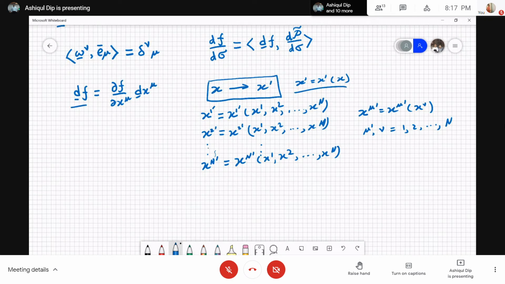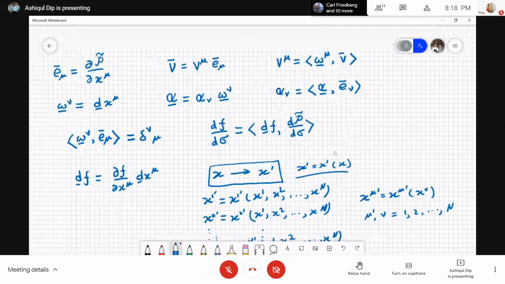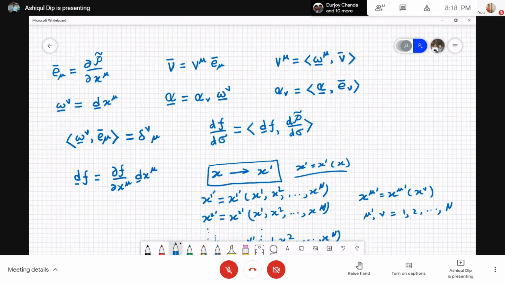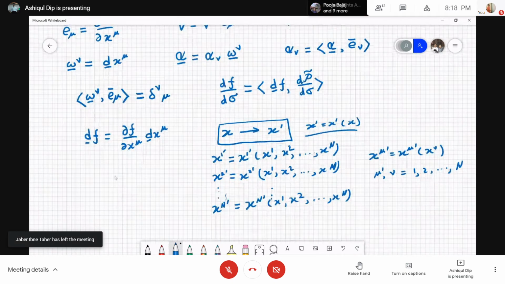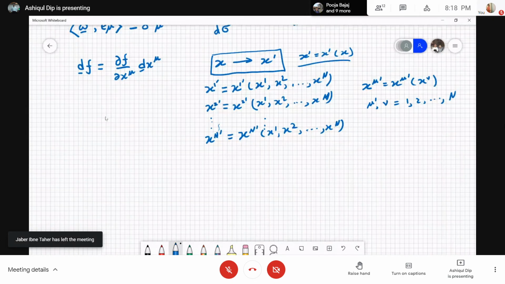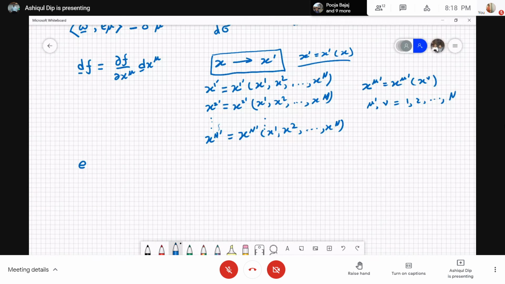What happens to them? And also what happens to the vectorial objects like the above one, this one? We need to explore what happens to the basis first. If we had e mu prime in primed coordinates, the vector basis, that would definitely be delta p tilde over delta x mu prime.